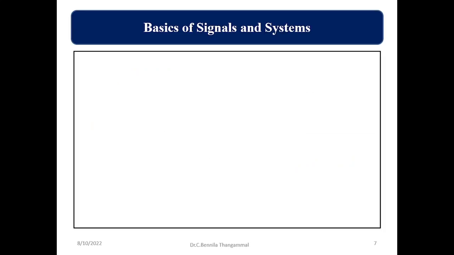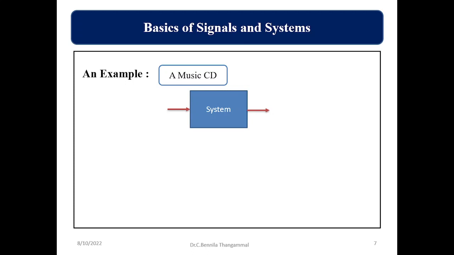Now let's have a basic example of a system. Your music CD is a practical example. The input to the system is the music which I am going to record on the CD, and the output is the music I listen to at the listener's side.